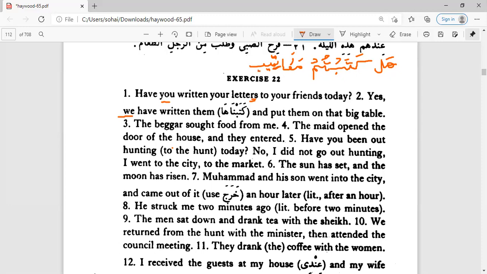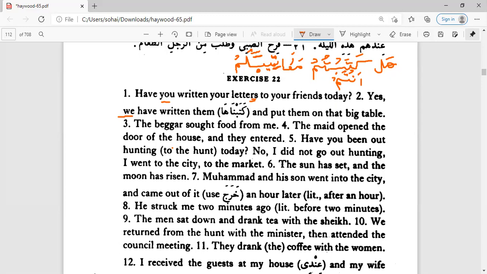It can't be, because the subject is antum, hidden in katabtum. Only the subject is nominative in a verbal sentence. So we are left with makatib, your letters. That's the object then. What is the object always? Accusative, so it gets a fatha, makatiba. And then we're referring to more than two people, so it's going to be makatibakum.